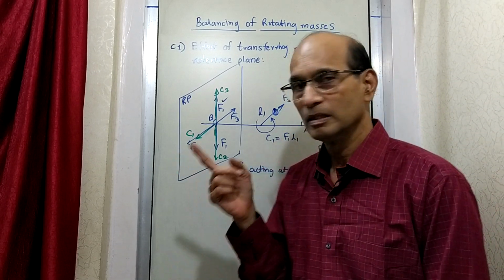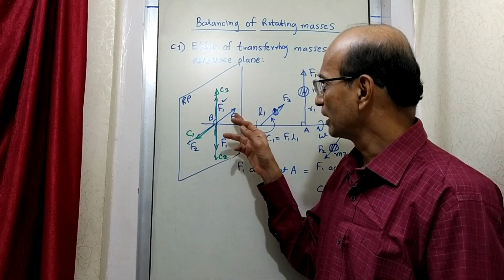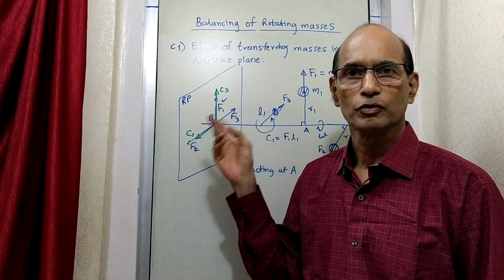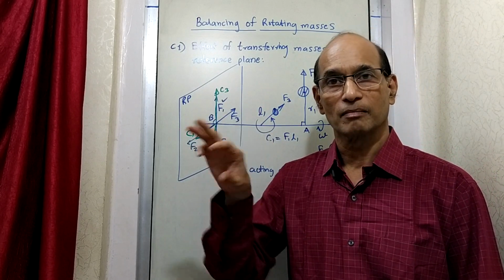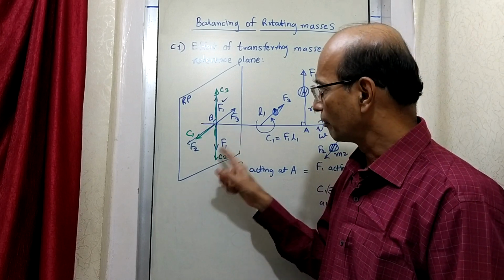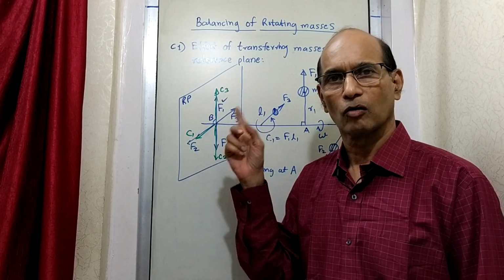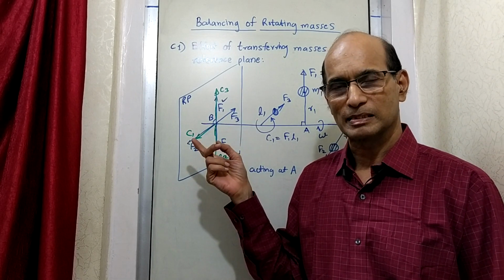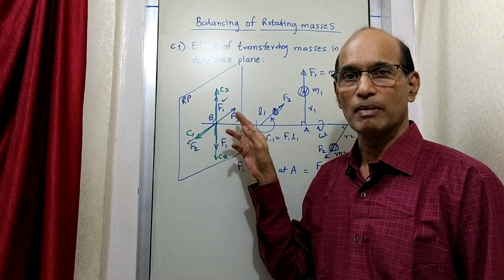Now here the same thing can be done because there are 3 forces, all in the same plane. So you can easily balance them by adding some balance mass. Similarly, there are 3 couples which will again cause some unbalanced couple, but that unbalanced couple also we can balance by adding a balance mass.